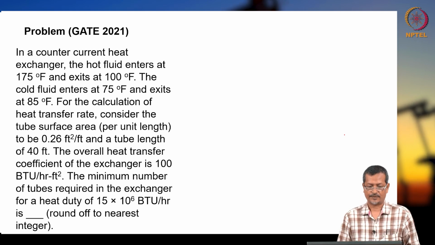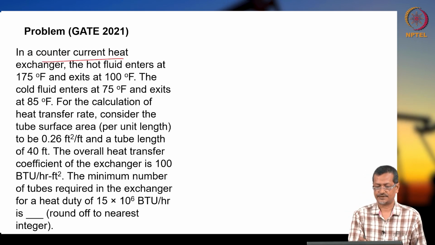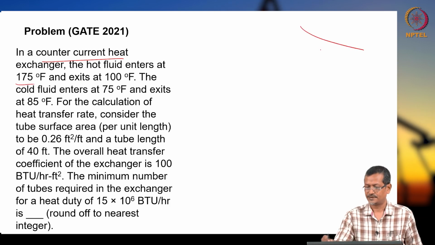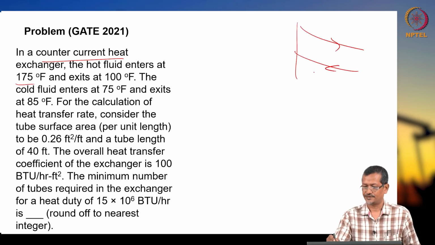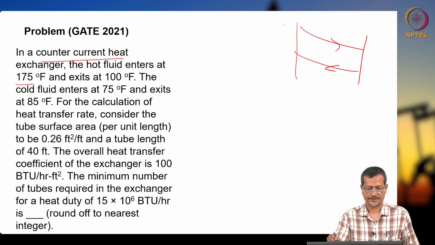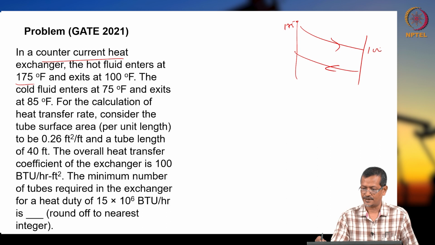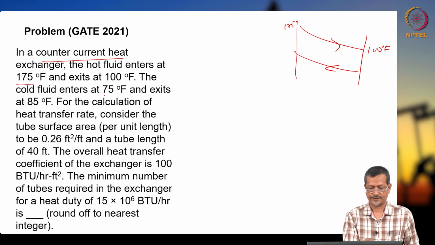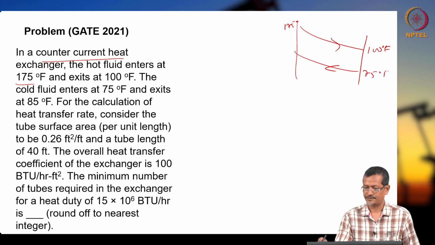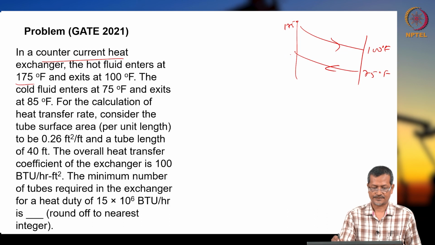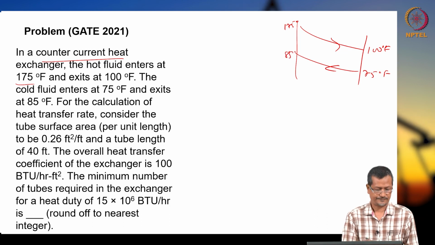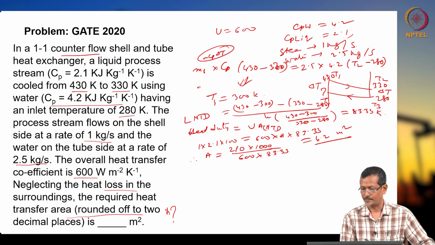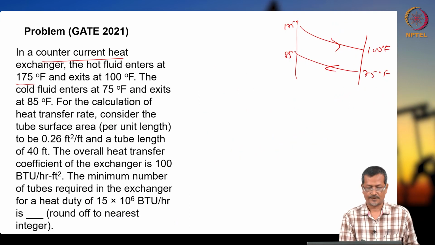So another problem, similar counter current heat exchanger. The hot fluid enters at 175 degree Fahrenheit and exits at 100 degree Fahrenheit. The cold fluid enters at 75 and exits at 85 degree.